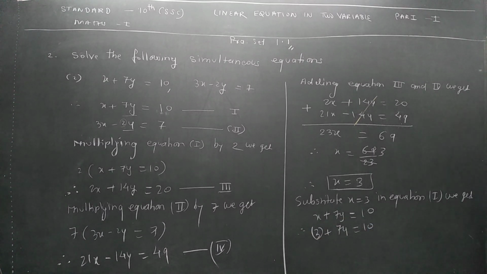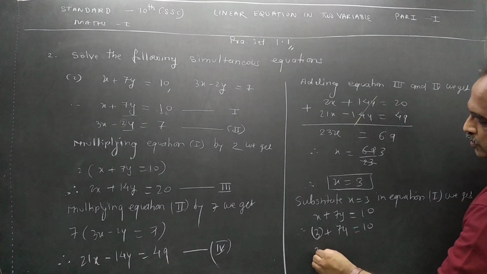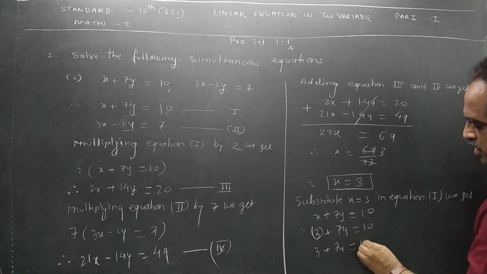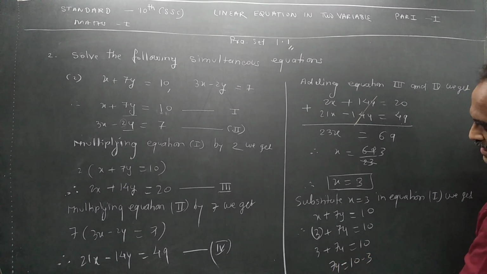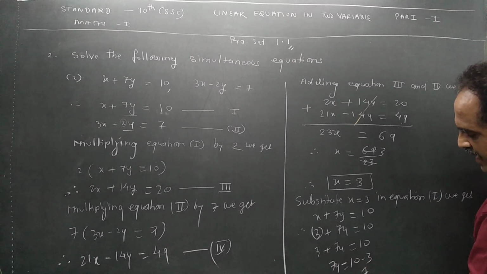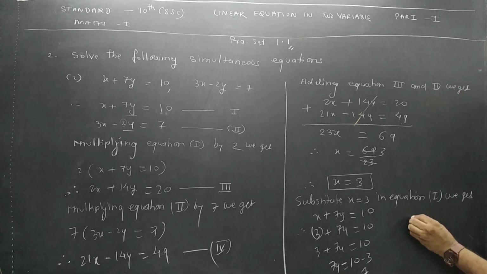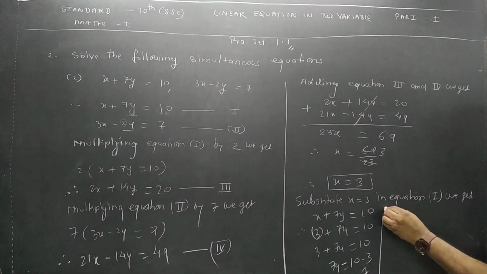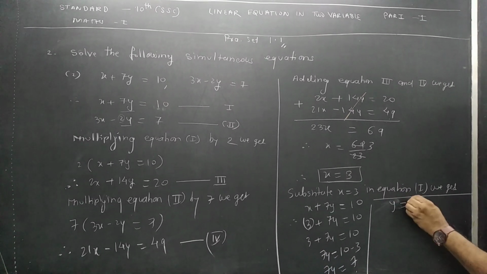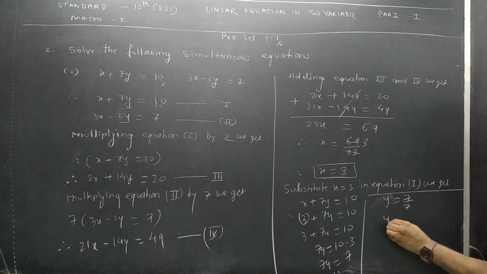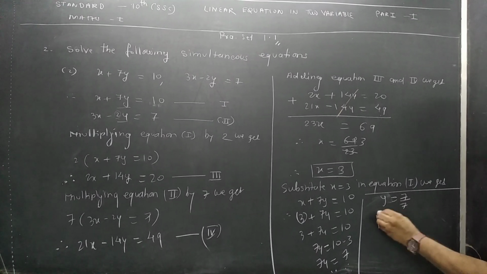Try to put it in brackets. So 3 plus 7y is equal to 10. 7y is equal to 10 minus 3. 7y is equal to 7, and y is equal to 7 upon 7, y is equal to 1.